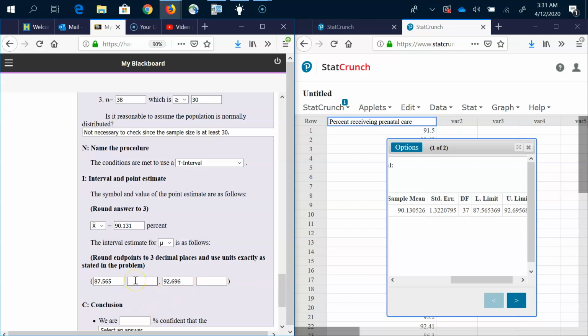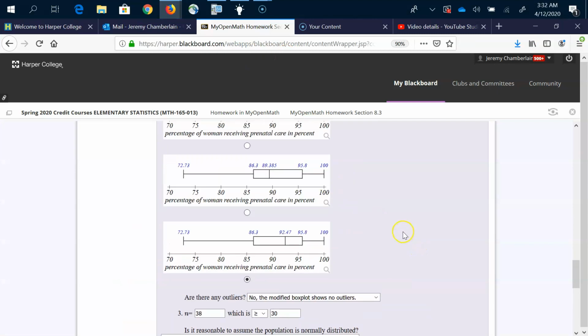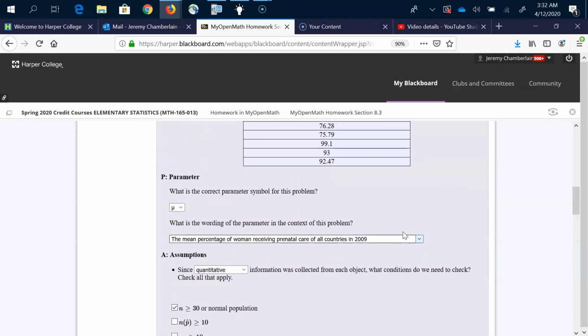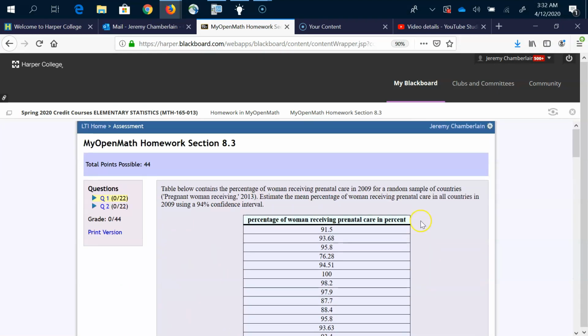Now it does want the units here, and so we'll go to the units. Estimate the mean percentage. So the units they wanted was percent.